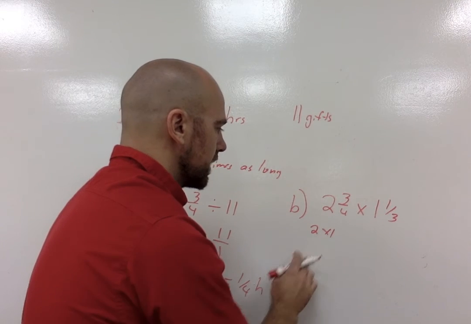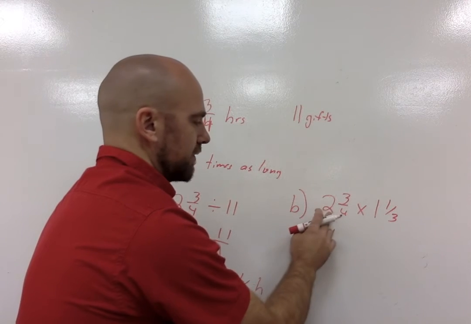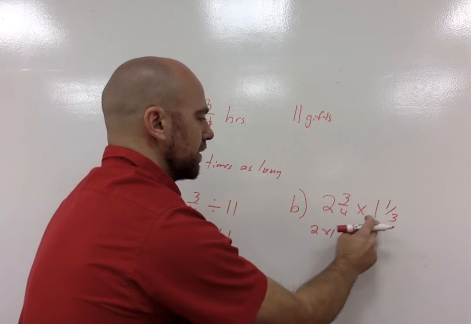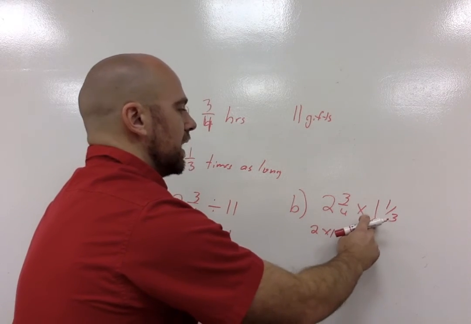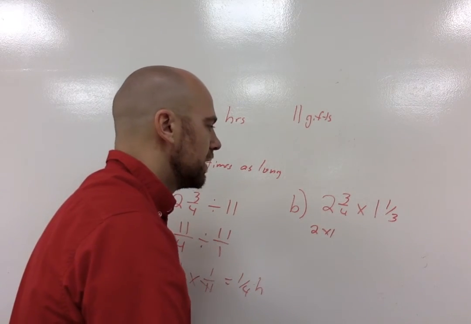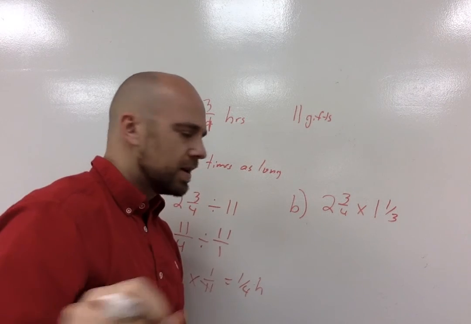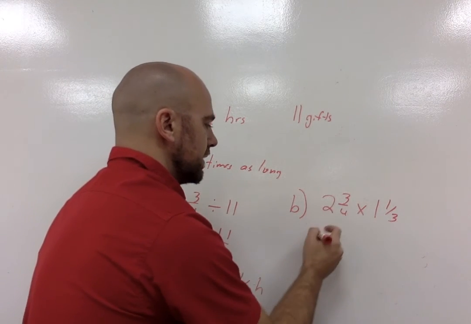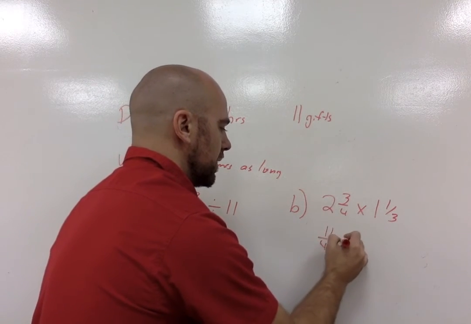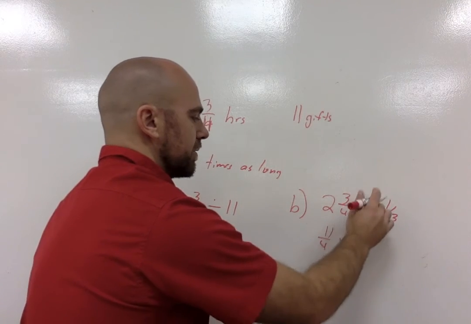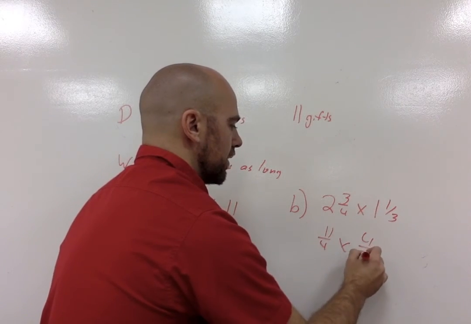That doesn't really work out. So I'd have to go 2 times 1, 2 times 1/3, 1 times 3/4, and 1 times 2. So let's do it this way. 4 times 2 is 8, plus 3 is 11 over 4, times 3 times 1 is 3, plus 1 is 4 over 3.